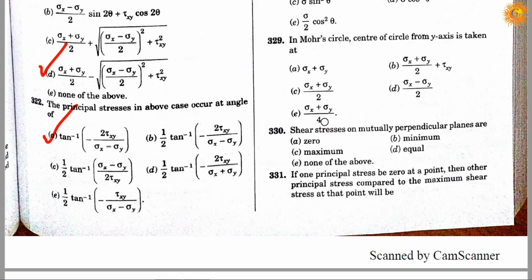Correct answer is C. It will be (sigma x plus sigma y) divided by 2.